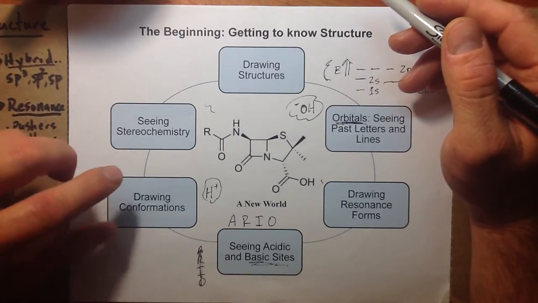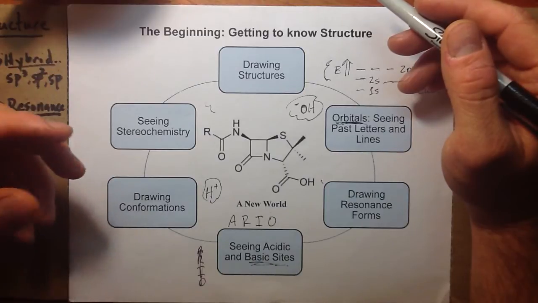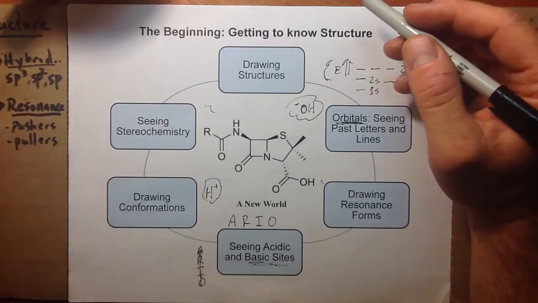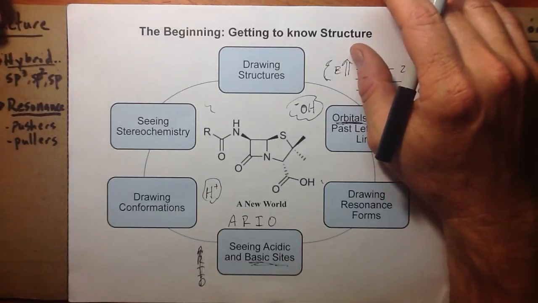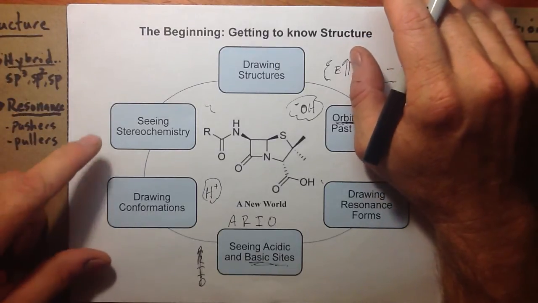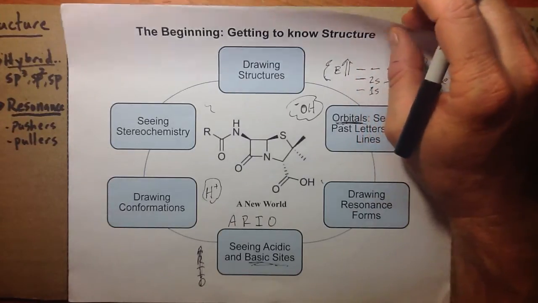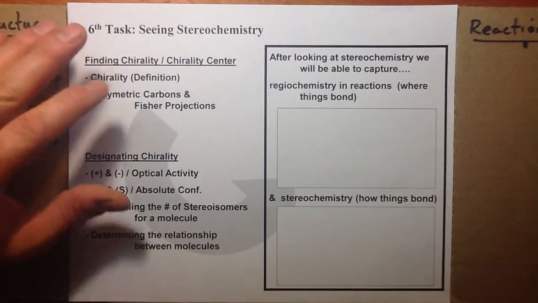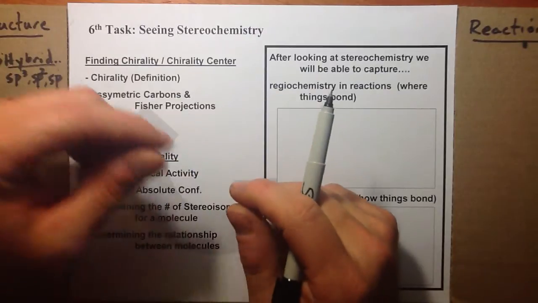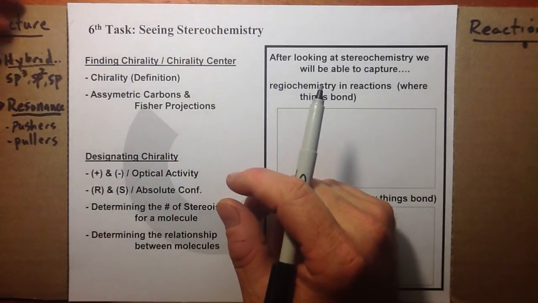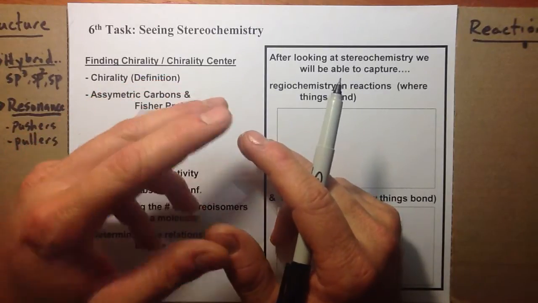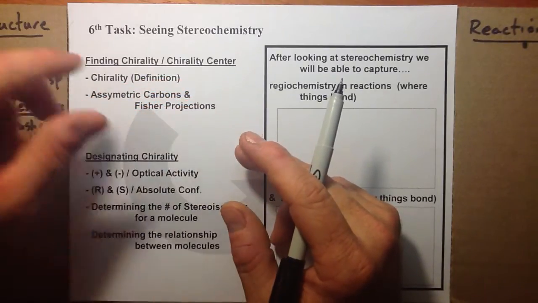When we have conformations or orientations in space that are locked in to the structure, it's part of the structure, we call that stereochemistry. It's a very important part of our world. Our bodies rely on molecules not only having a certain constitution where things are bonded, but very much rely on having the atoms bonded to that carbon or place in the right way, in the right orientation.